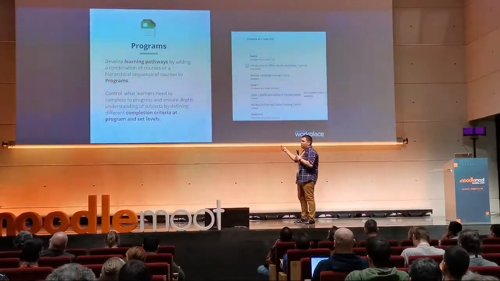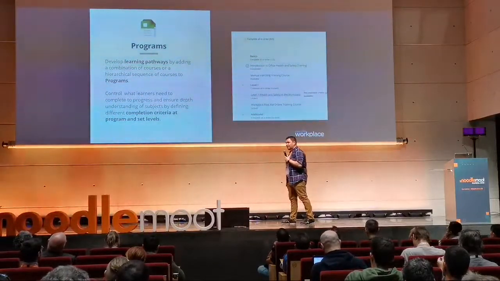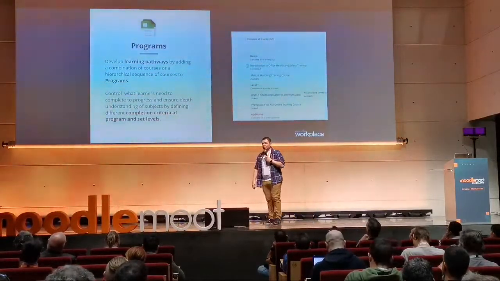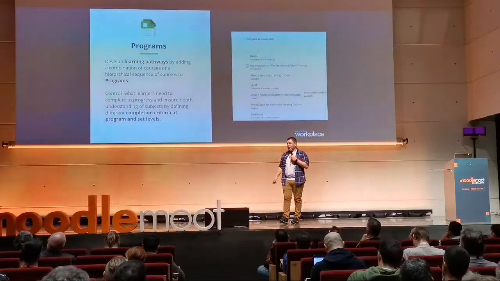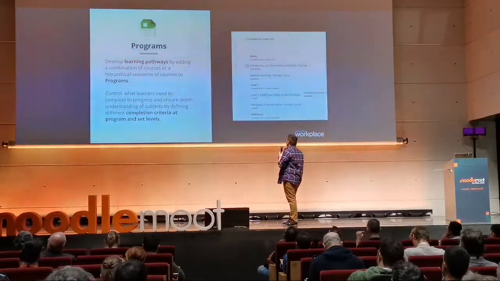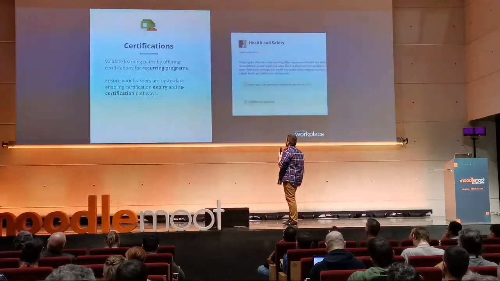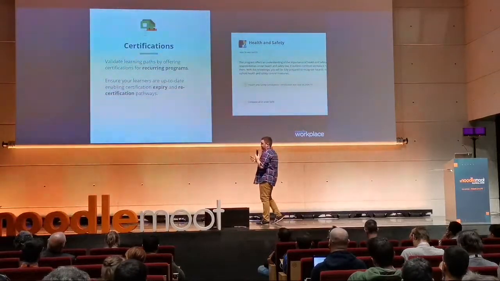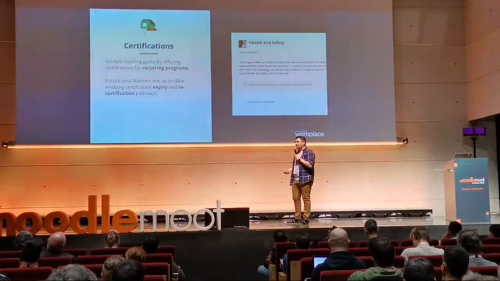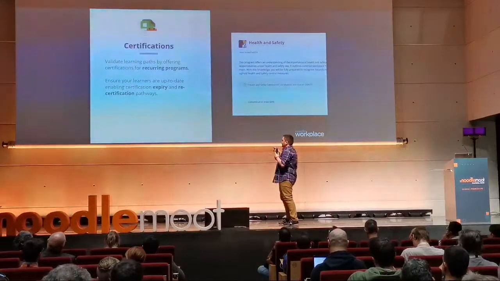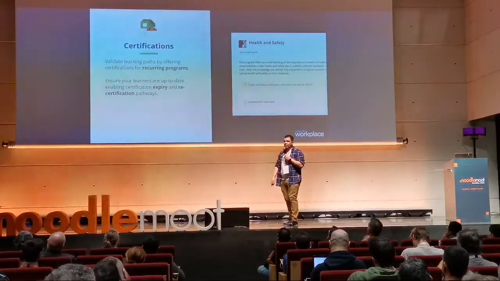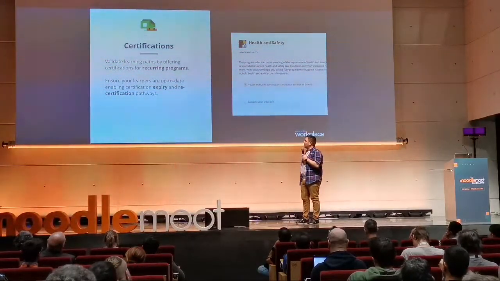So, we have programs that are learning pathways, basically, sets of courses, and define dependencies among them. You will see it. I will go very briefly through all of them. Certifications, which are recurring programs that you can even define different recertification pathways. So that is great for compliance.